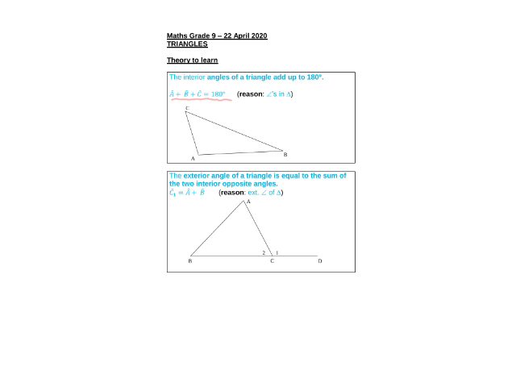Then the next theory is the exterior angle of a triangle is equal to the sum of the two interior opposite angles. So this is where we have an exterior angle C1, and the line BC is produced to become BD. So this angle, they say in the theory, is equal to the same size as that angle plus that angle together.